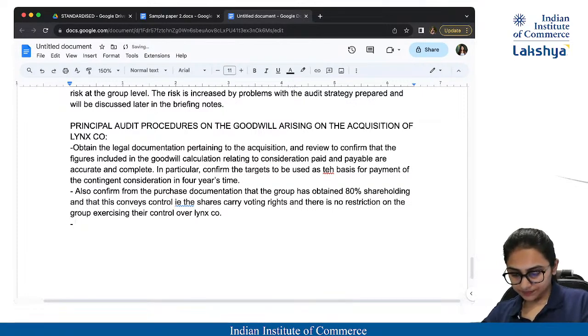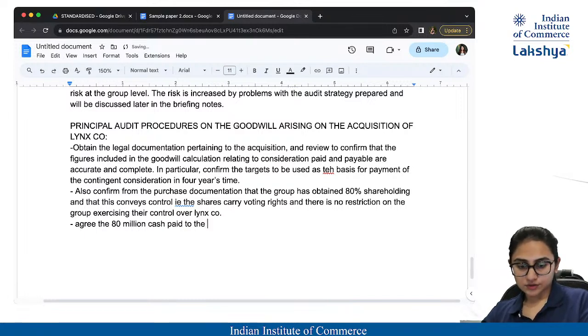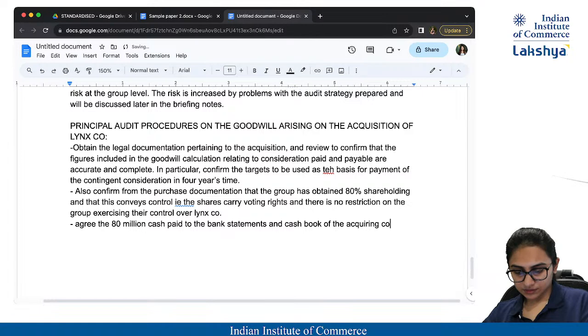Then third one, agree the 80 million cash paid to the bank statements and cash book of the acquiring company. Then what next can you write?